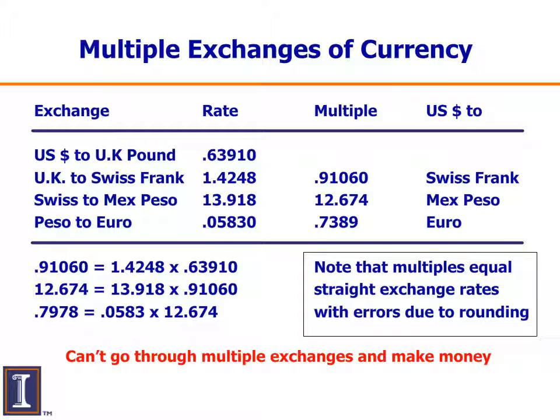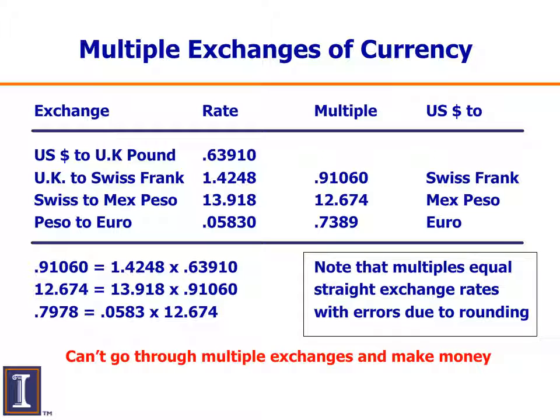The third and fourth line, Swiss to Mexican peso, we do the multiplication again. That 12.674 would represent an exchange of the US dollar to UK pound to Swiss franc to Mexican peso. Are two changes of currency. And again, you'll see that that multiple, 12.674, is the same as the US dollar to the Mexican peso. Peso to euro, do the same thing.